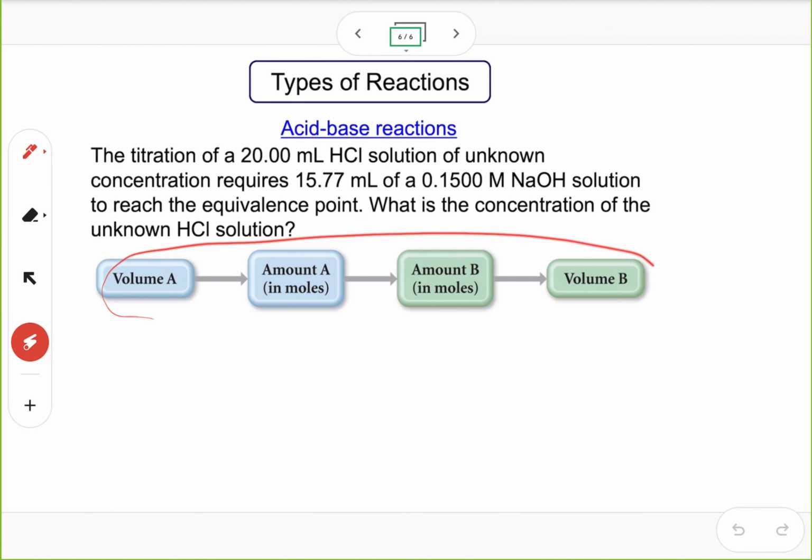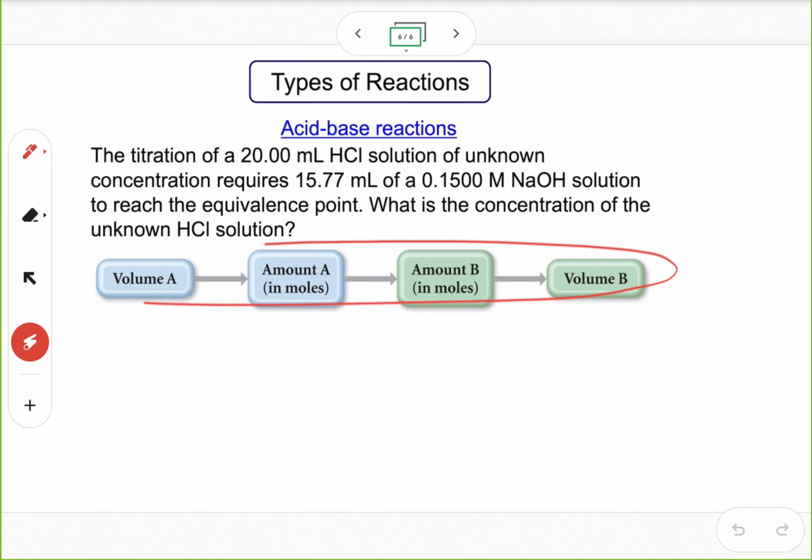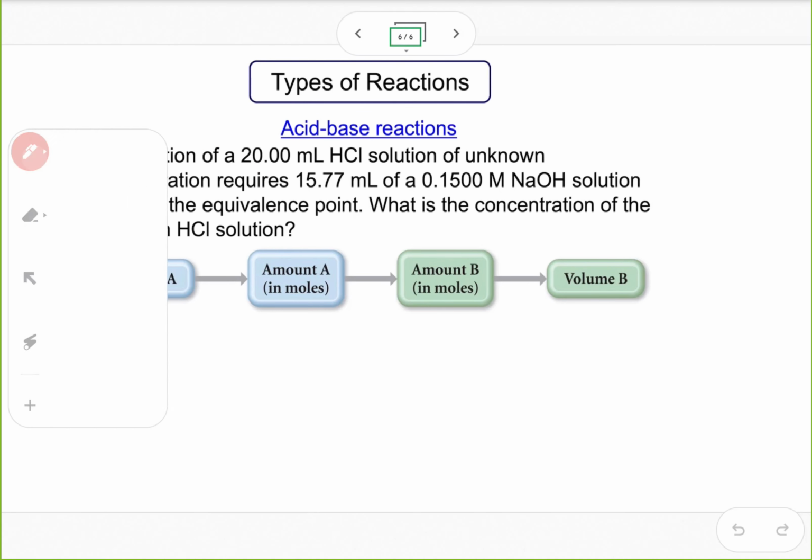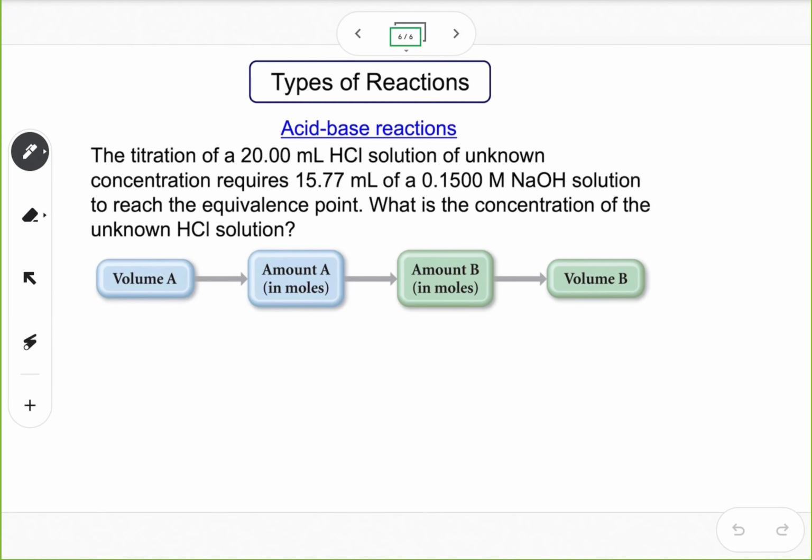Again, this chart we saw when we did the stoichiometry calculation involving solutions, and it will help us for this question also. So how do we start? Well, the first thing we need to do is write the balanced chemical equation for this reaction, step one, between hydrochloric acid, aqueous solution, and sodium hydroxide.